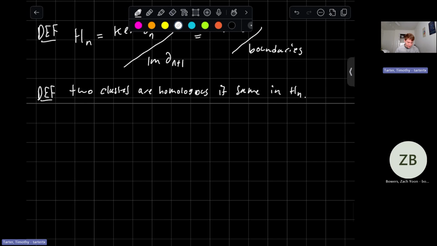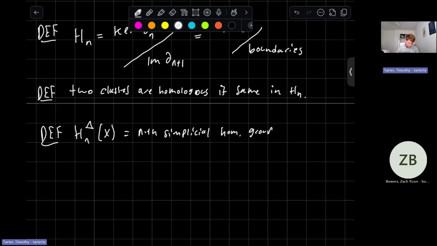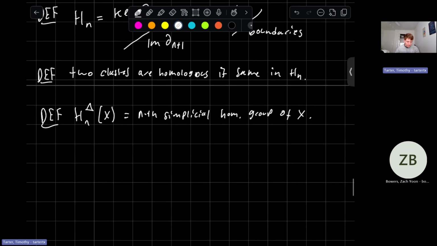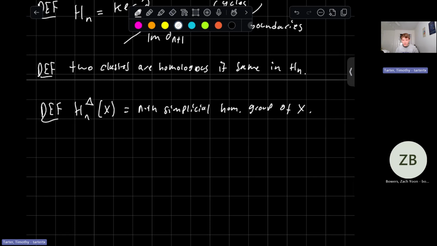Okay, so returning to the case that each of the Cn's is delta n of X, the homology group will be denoted, and maybe this isn't a definition but rather notation, H_n delta of X, the nth simplicial homology group of X. Okay, so we will finish this off with, I think, 3 examples.